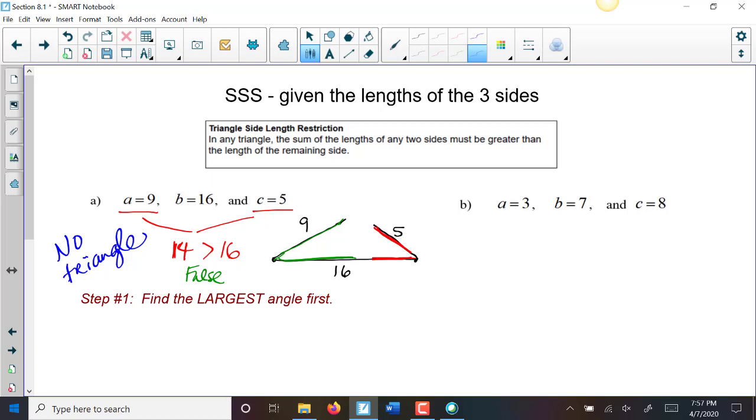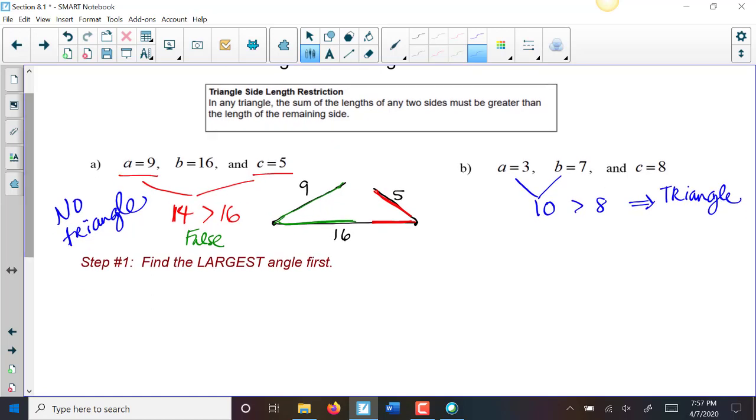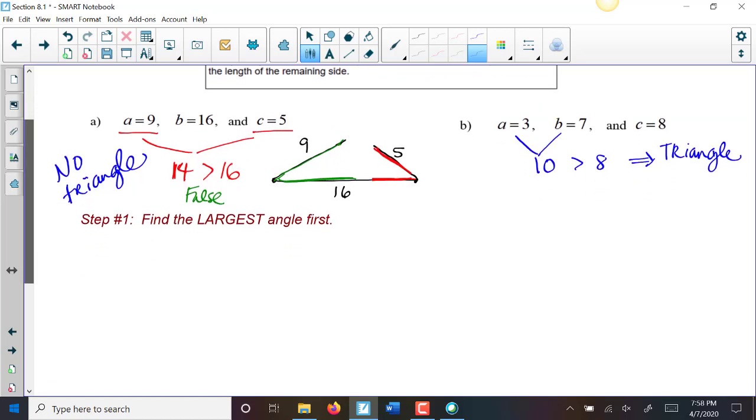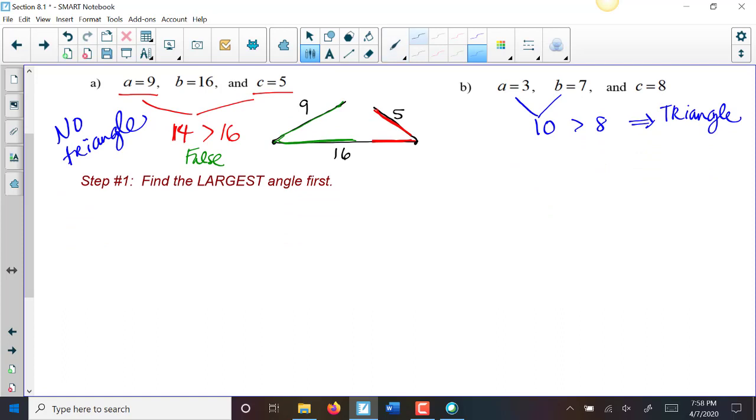Okay, so you really only have to check the two shorter sides. Here I think I'm good. 3 plus 7 is 10, and 10 is greater than 8. So there is a triangle, so we could go ahead and solve the triangle, which means I would need to find the three angles. Okay, so let's use that one and go ahead and solve it.